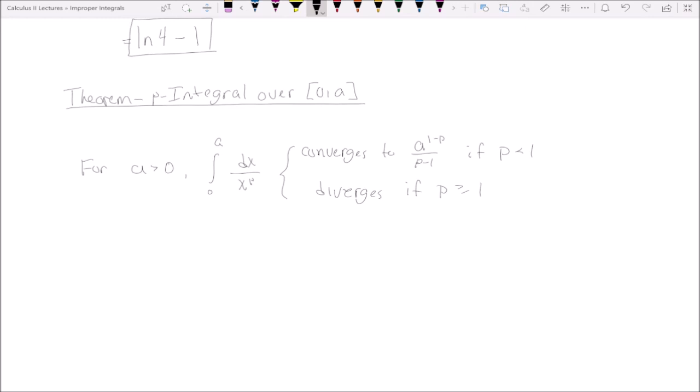Now, this proof is very similar to the proof we did earlier, and so that will be left as an exercise for the viewer to do.